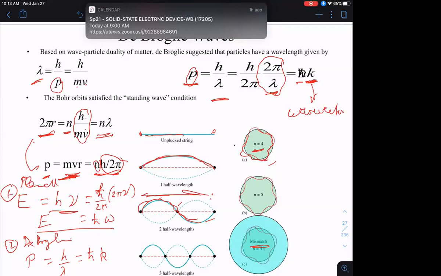Now, these two relationships, it turns out, are always true, regardless of whether I'm talking about photons, electromagnetic radiation, or electrons, or matter waves. Even if I'm walking around, there'll be a certain wavelength associated with my motion, okay? And they'll all follow these two relationships, okay?